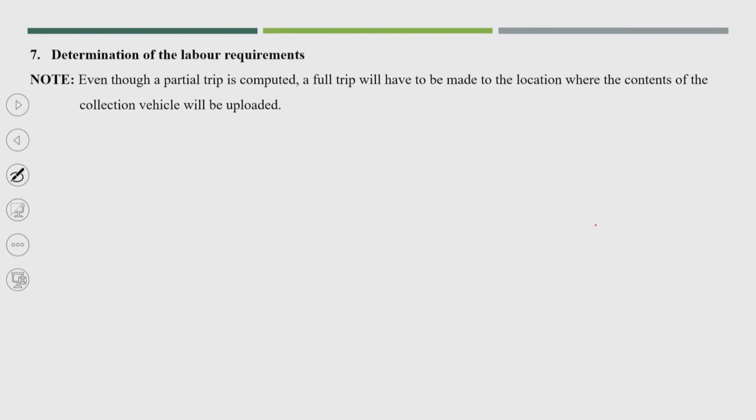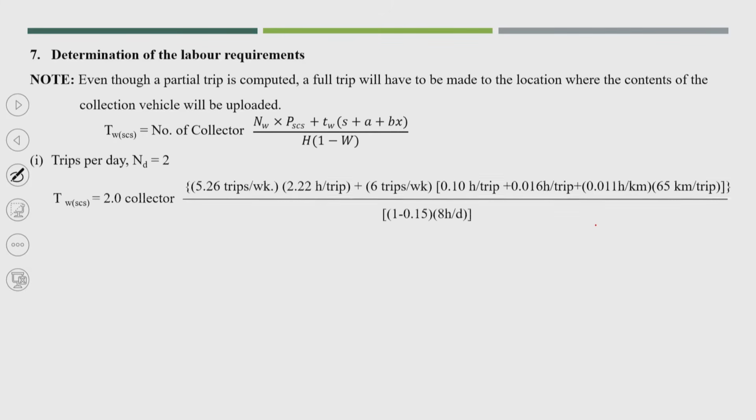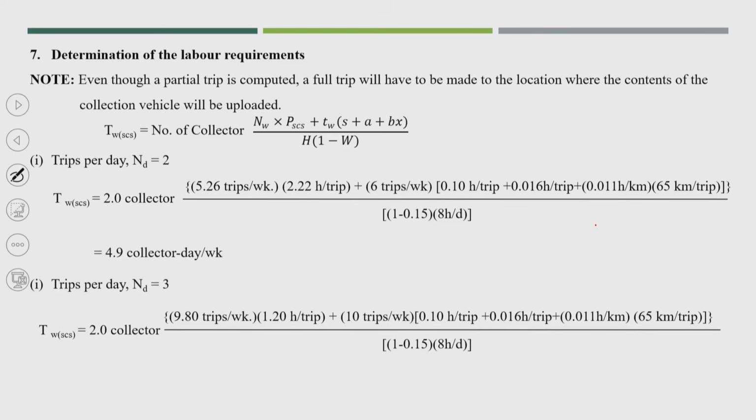So, in the same way the full trip has to be made in the location. So, we can calculate by the similar formula. For ND2 it is coming out to be 4.9 collector days per week, and for ND3 it is coming out to be 5.9 days per week.